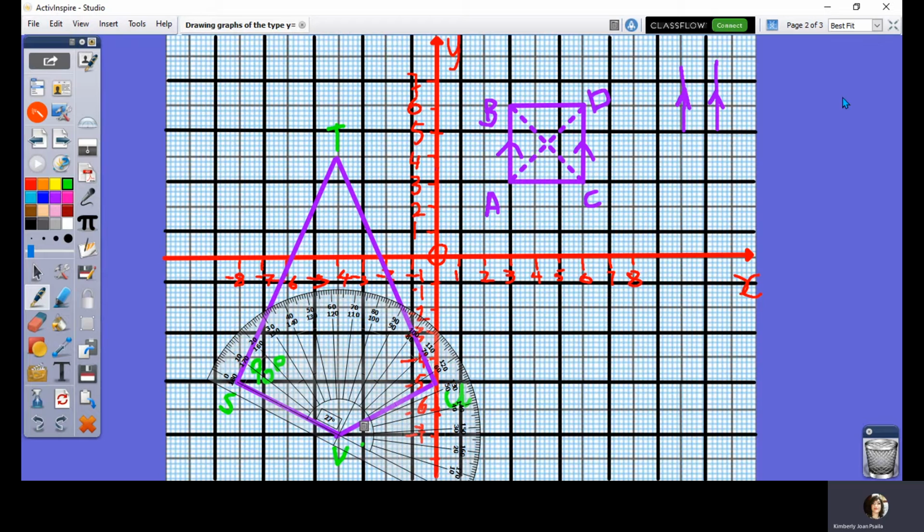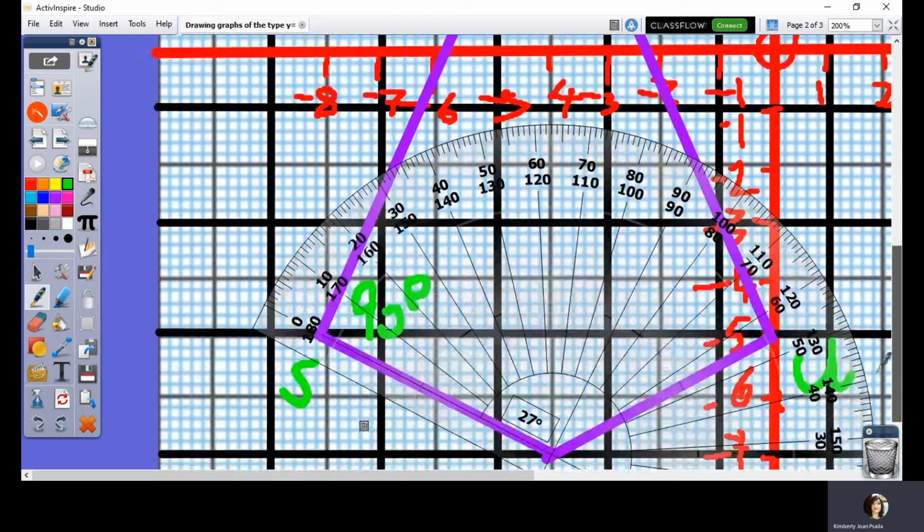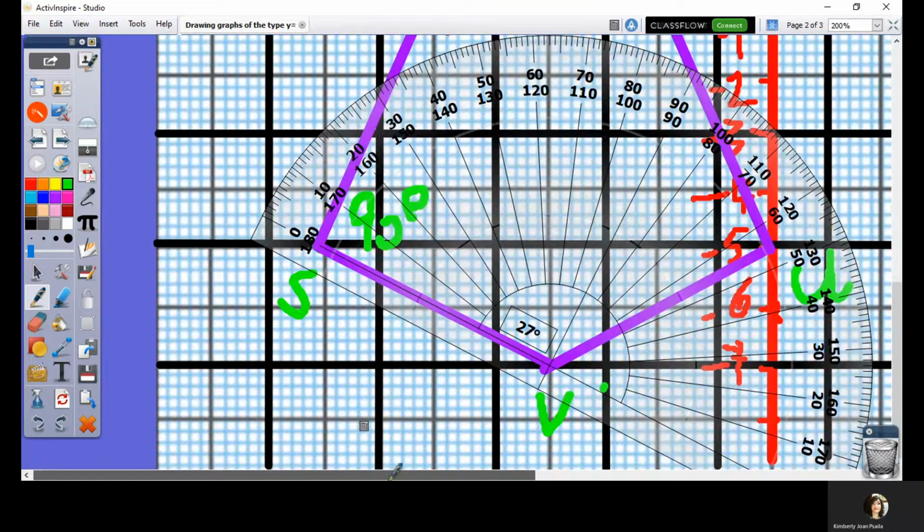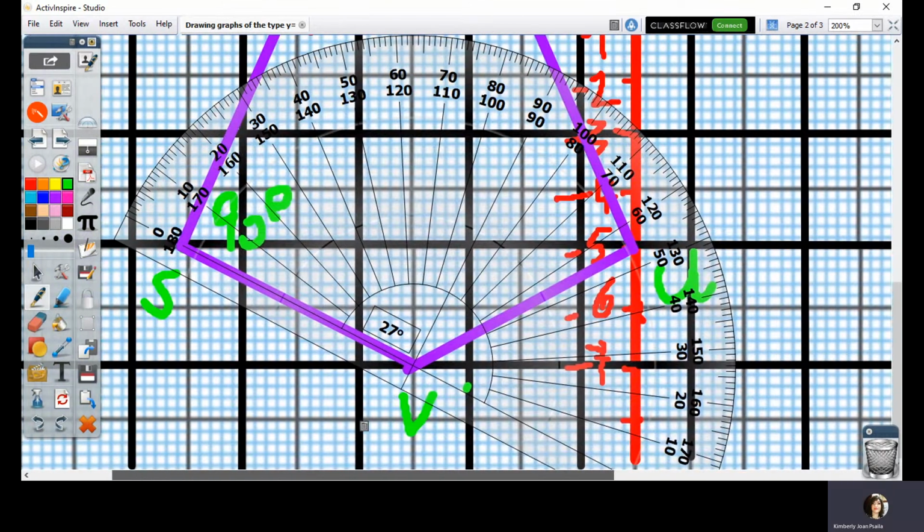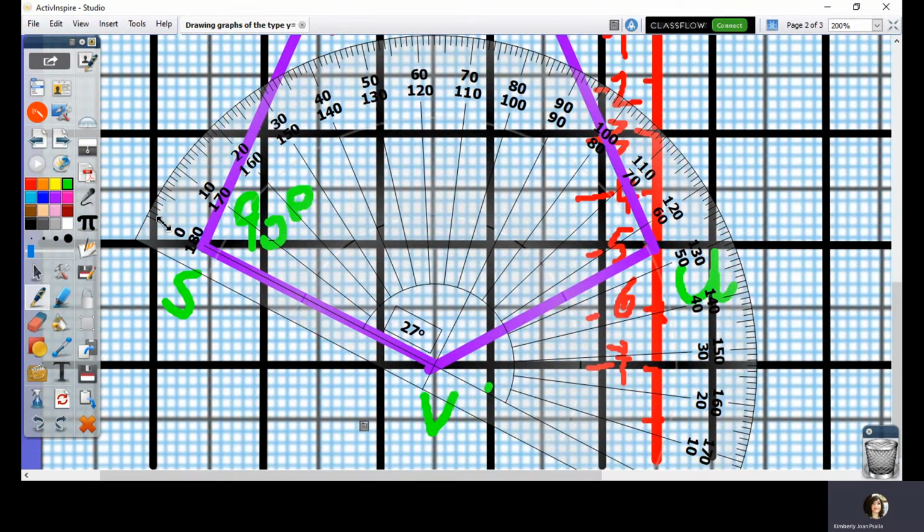Let me zoom in for you so you can watch your protractor more properly. I have read from here, 0. I have to go around the protractor, and here I have stopped, to find this obtuse angle. Therefore, my angle here is between 120 and 130.